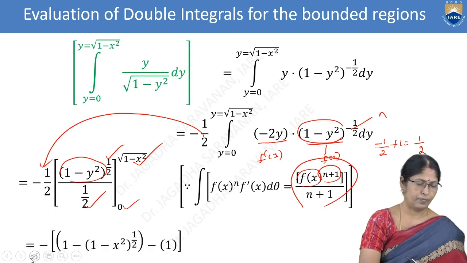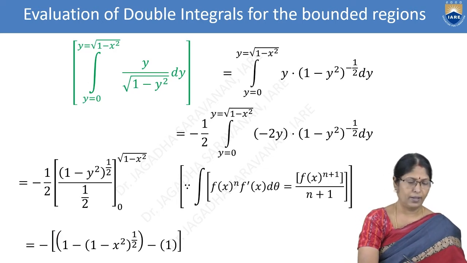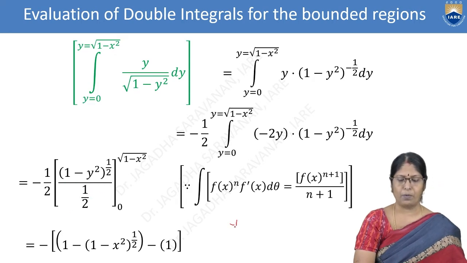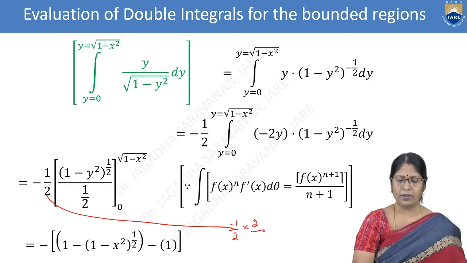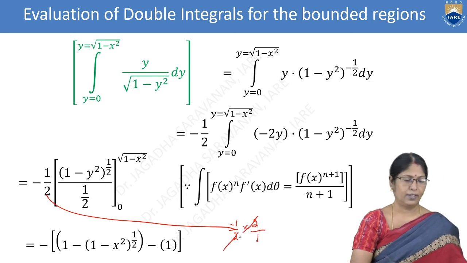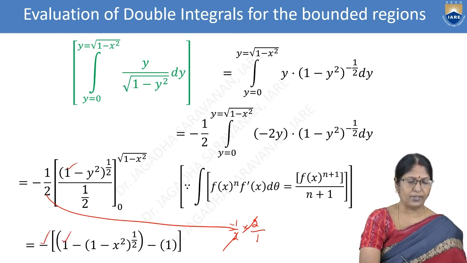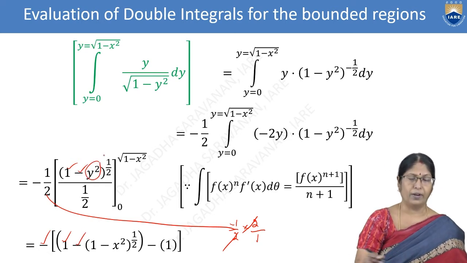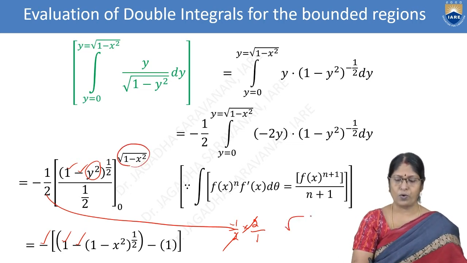Now we are substituting the limits. Here 1 by 2 is there, and in the next step this 1 by 2 upcoming gets cancelled. The remaining is only minus. This 1 is written as it is, this minus is written as it is. In the place of y square, we substitute square root of 1 minus x square, the whole square.